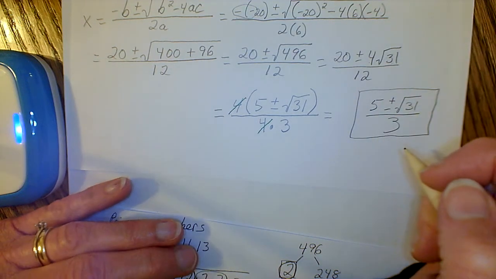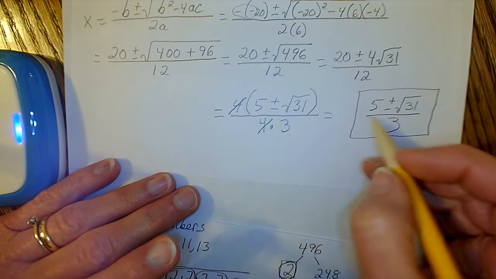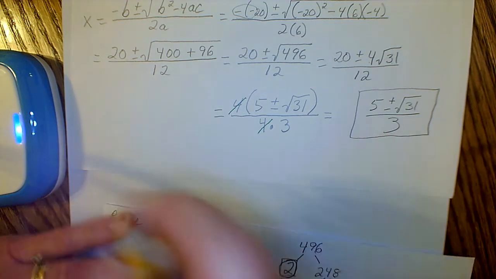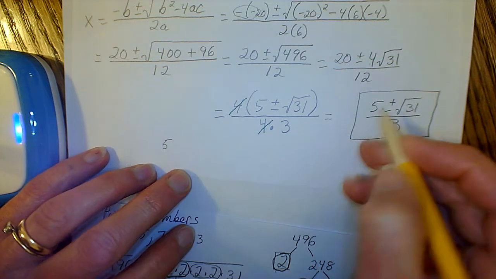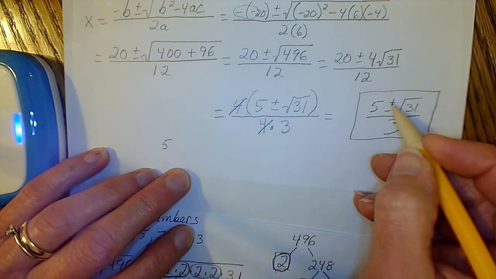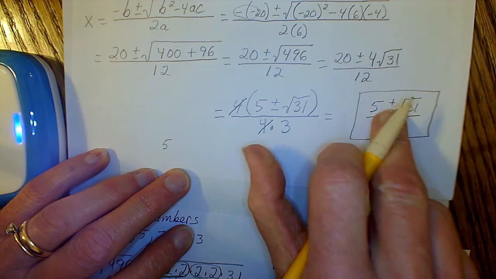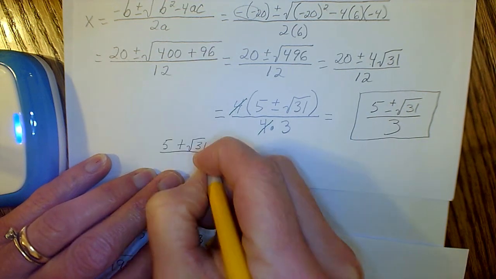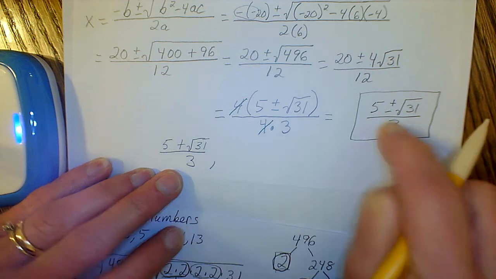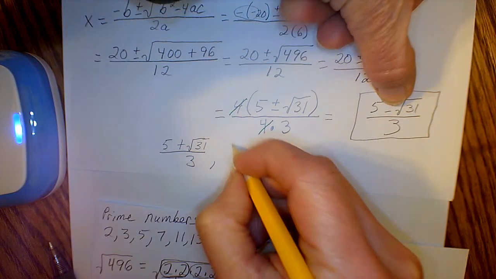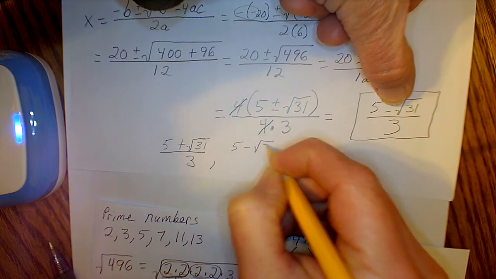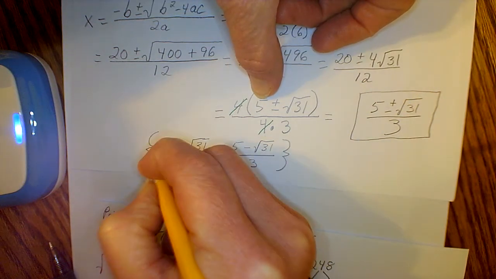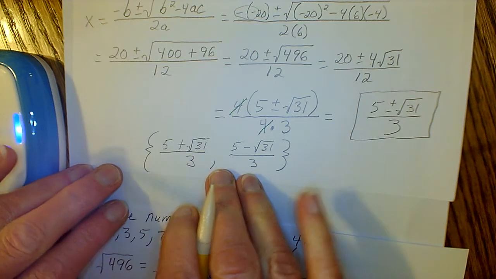When you're working problems on My Math Lab, I don't think, or in the past they didn't have a symbol for plus or minus on there, and so you had to write this as 2 separate answers, because remember, this plus or minus symbol tells us there are 2 different answers. The answer we get when we use the plus, so 5 plus square root of 31 over 3, and the other answer is the answer we get when we use the minus, so we would have 5 minus square root of 31 over 3, and then we use braces to hold on to the set of answers that make it true.